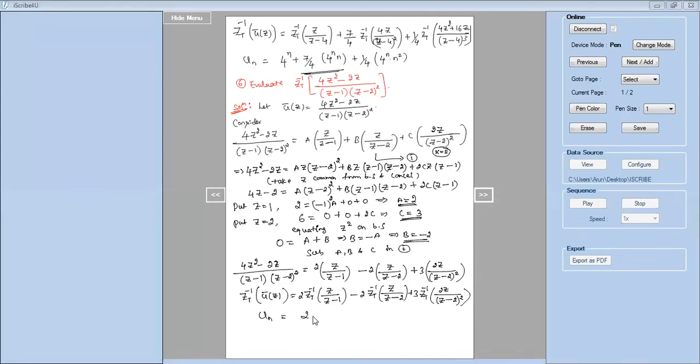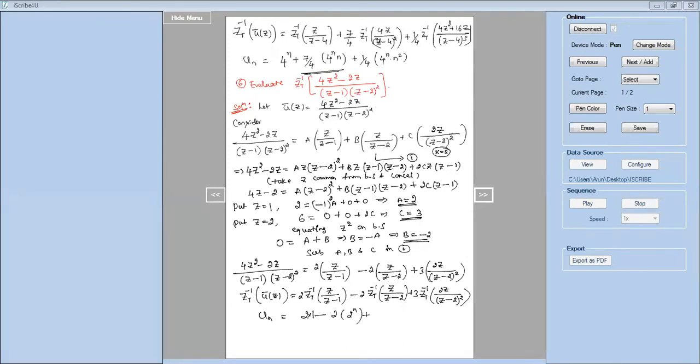So it is 2 into 1, 2, minus 2 into what is the inverse of Z by Z minus 2? It is 2 power n. Correct? 2 power n.